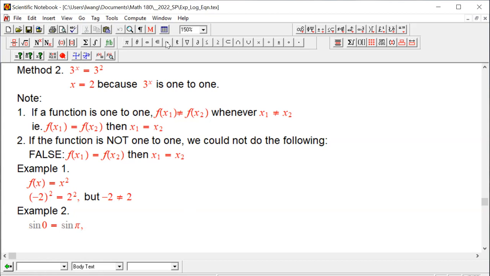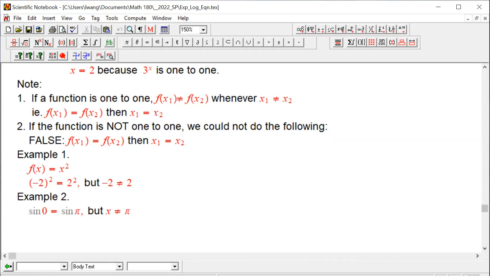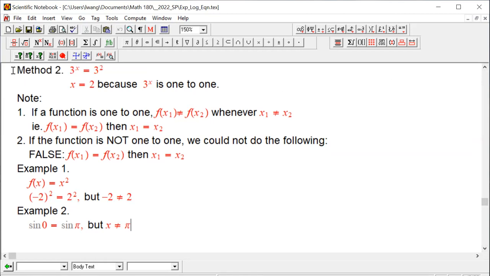Of course not. 0 is not equal to pi. So this is why, when we go from this step to the next step, you have to guarantee the function is 1-to-1. Very important to understand this concept, and we will be using this in the future for other situations.